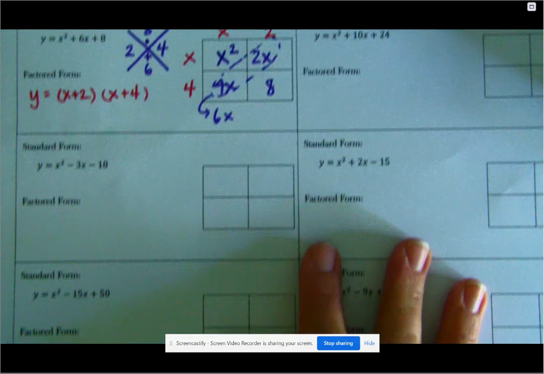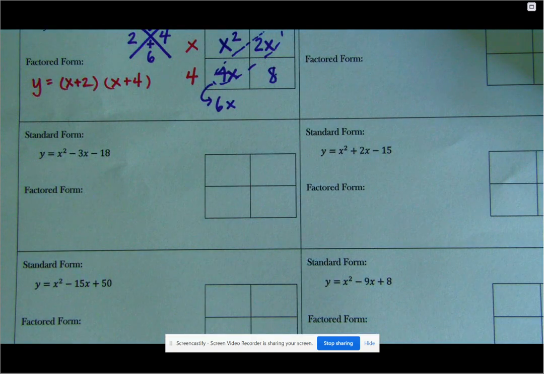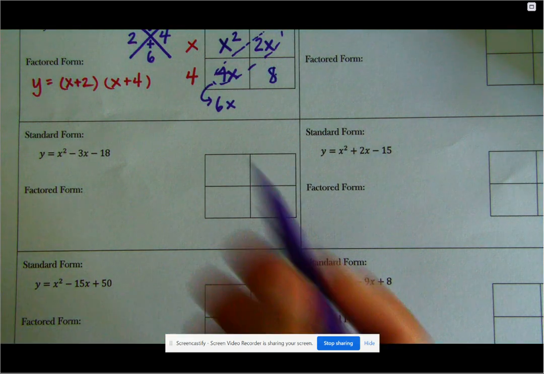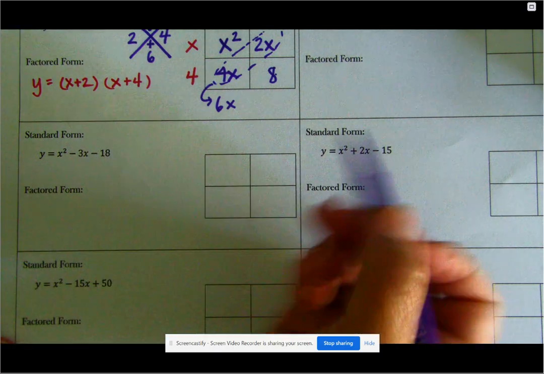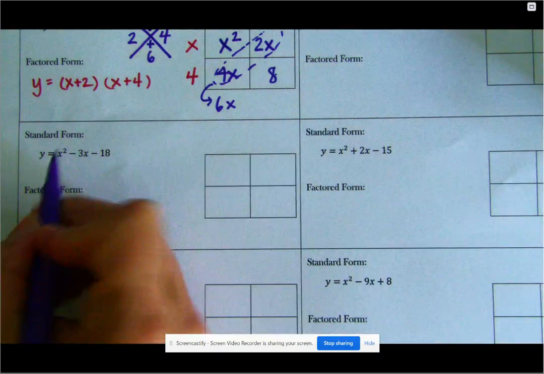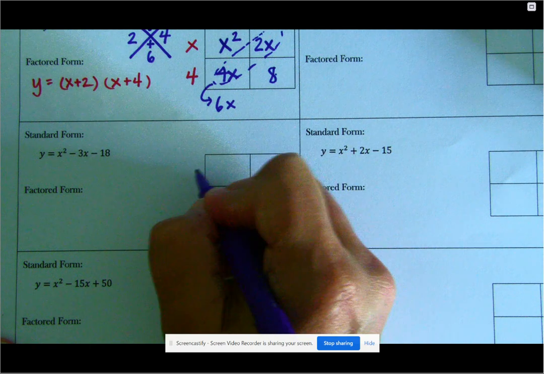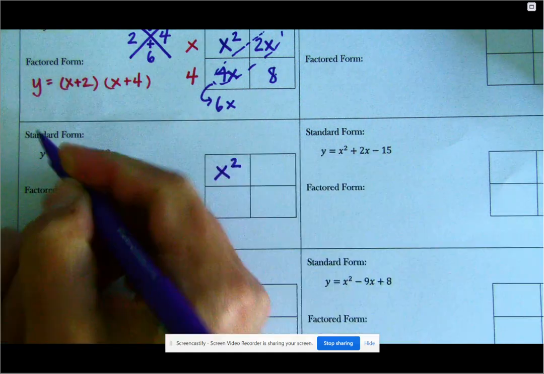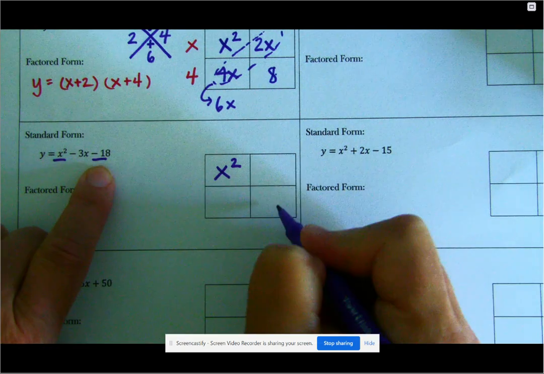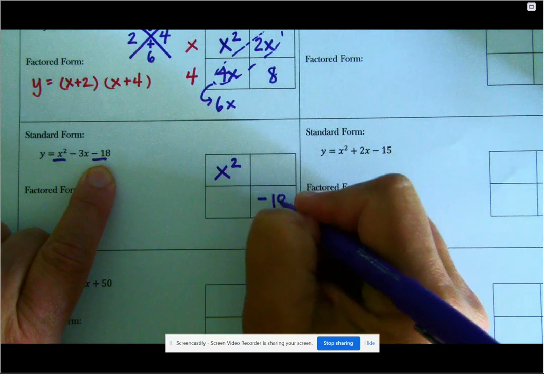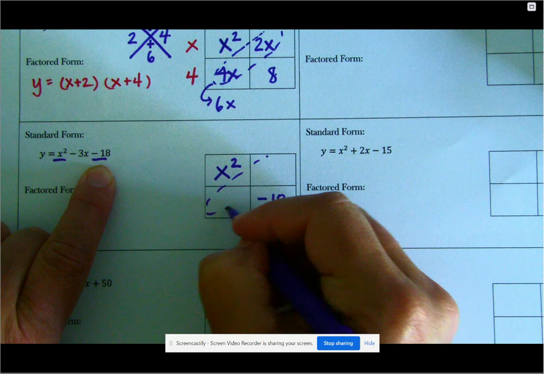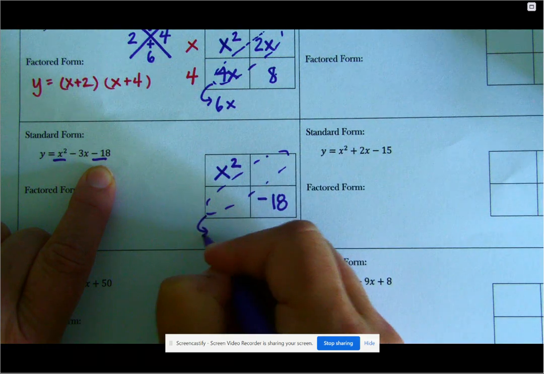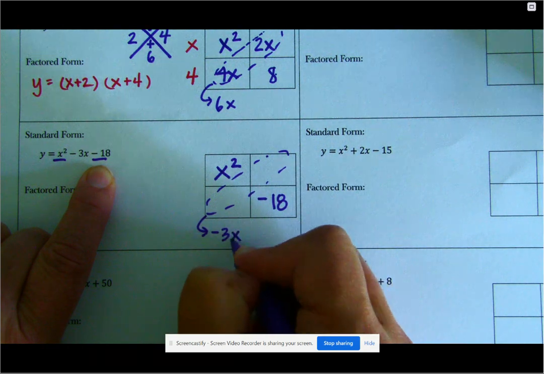All right, next one. We have x squared minus 3x minus 18. So in standard form, we know that the x squared came from multiplying x times x, and it's in this corner. And then this term here is in this bottom right corner. These two terms combine to make negative 3x.